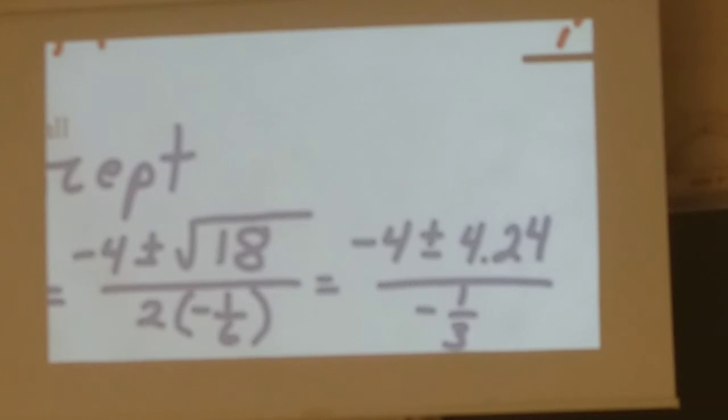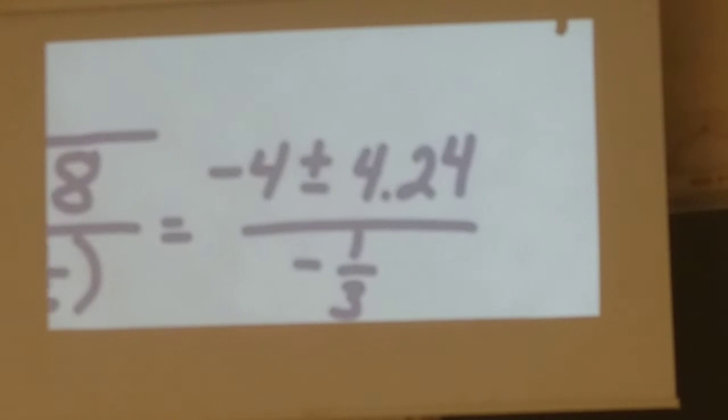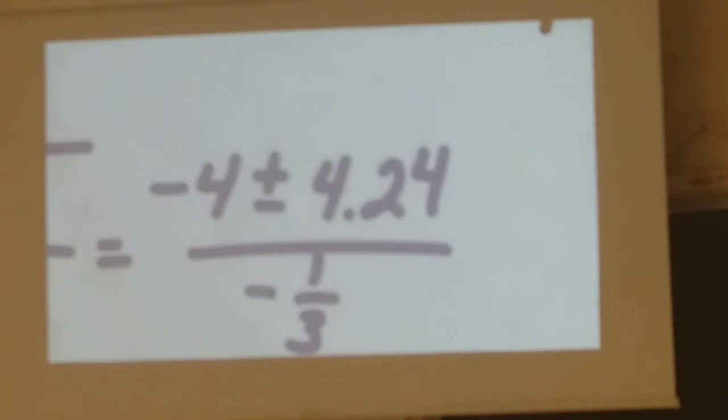Instead of simplifying that, as we may have done in the past, you can just change it to a decimal. Because what we really want to figure out is what is -4 plus 4.24 and what's -4 minus 4.24.